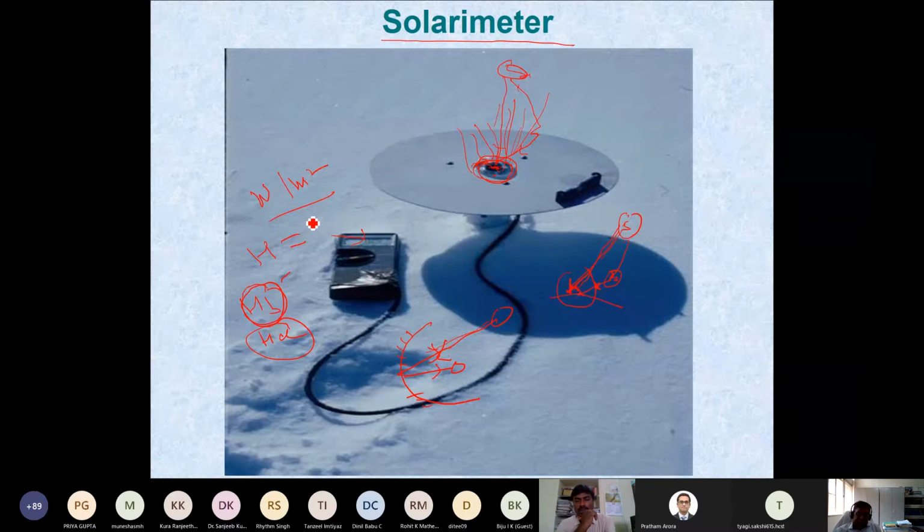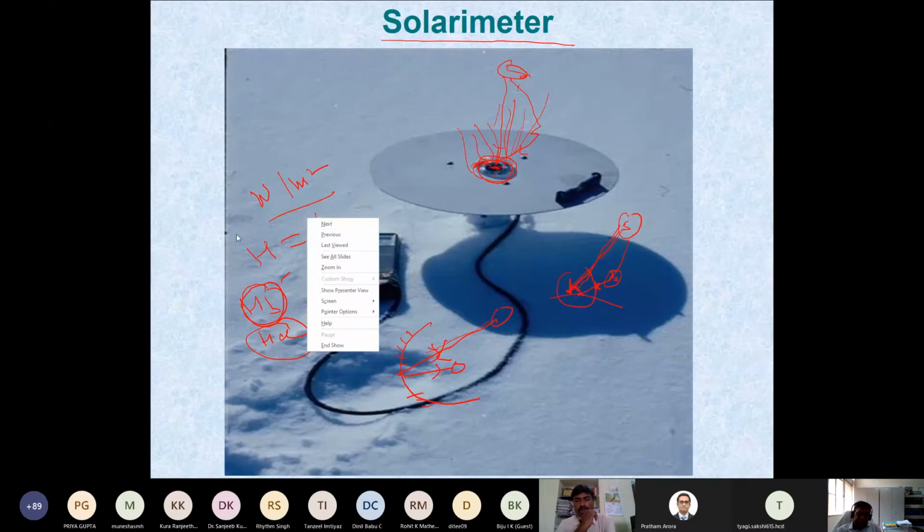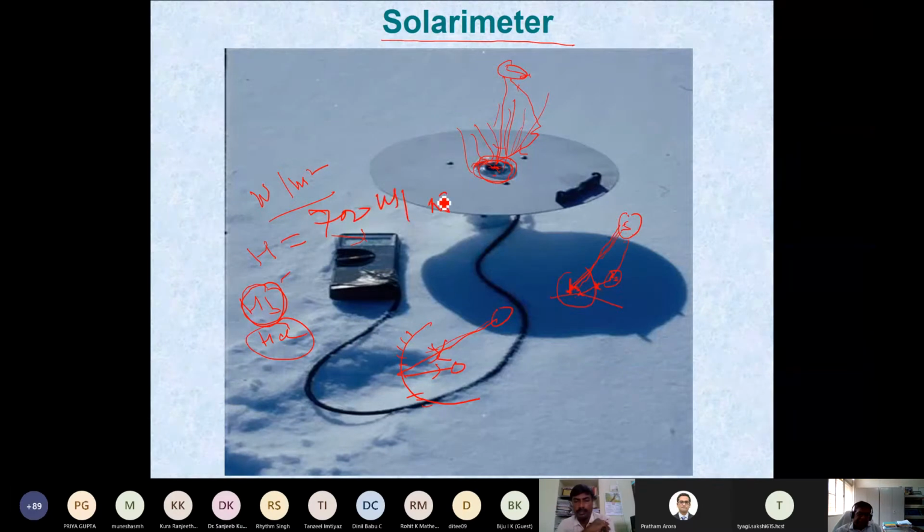Let me tell you here. Suppose the total solar radiation is, say, 700 watt per meter square. Based on this data, I cannot design the focusing type solar collector, because I cannot take this 700 watt per meter square as the input to the system. What should I know?